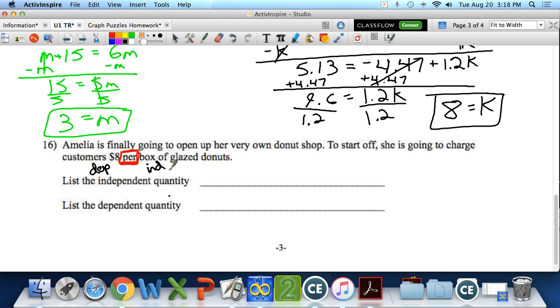So in this case, list the independent quality, okay? That's gonna be number of boxes. For the dependent quantity, what that determines, what the number of boxes determines, okay, is money or money spent. Okay, you don't really have to have spent, you just have money, dollars, you can put what it's measured as, okay? It's money. The amount of money spent, that's kind of what we're looking for there.